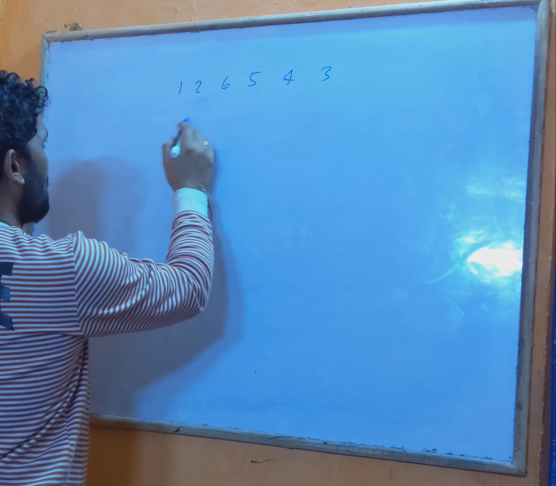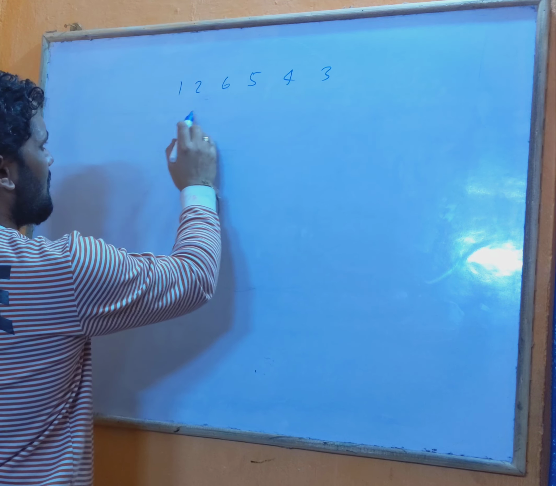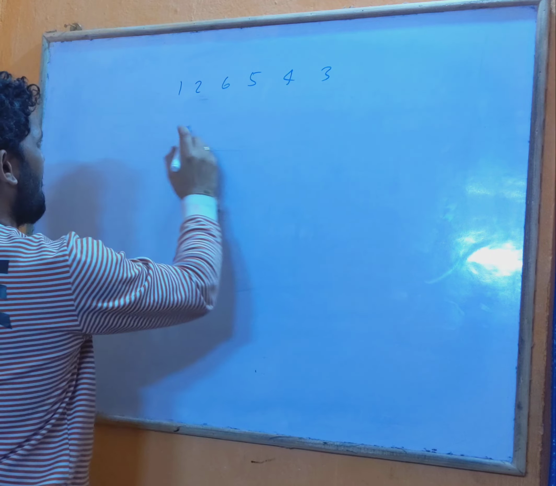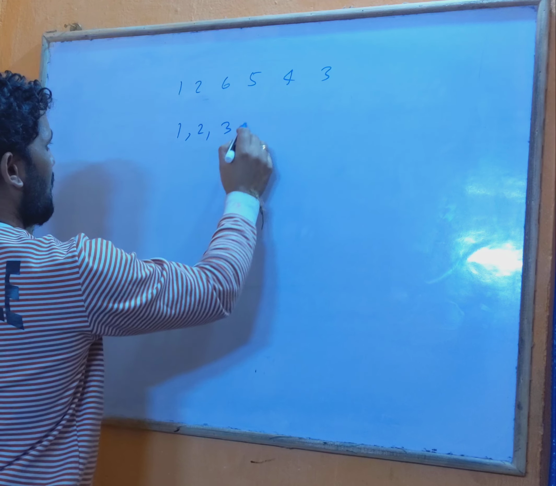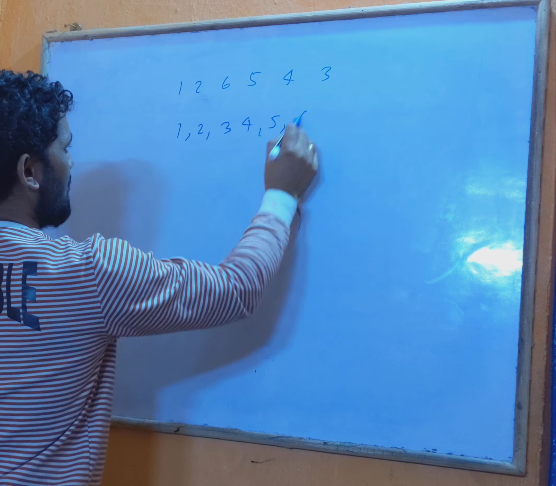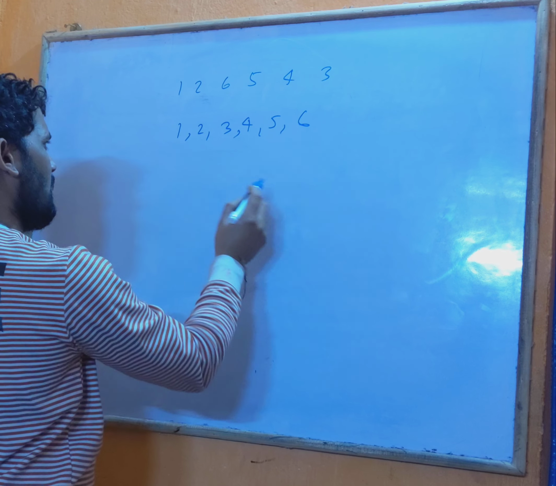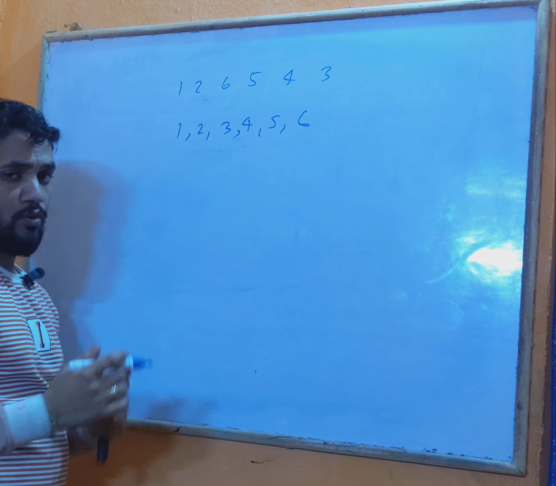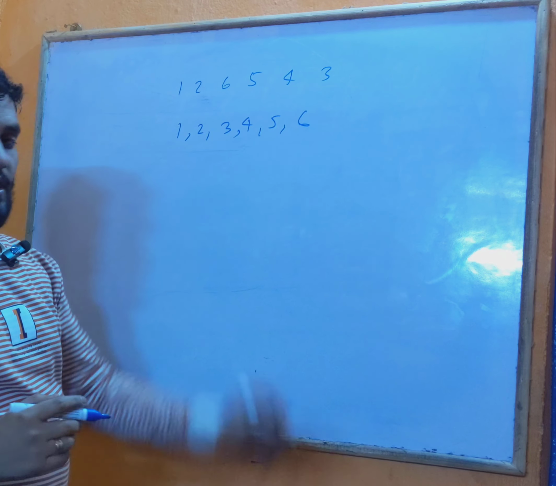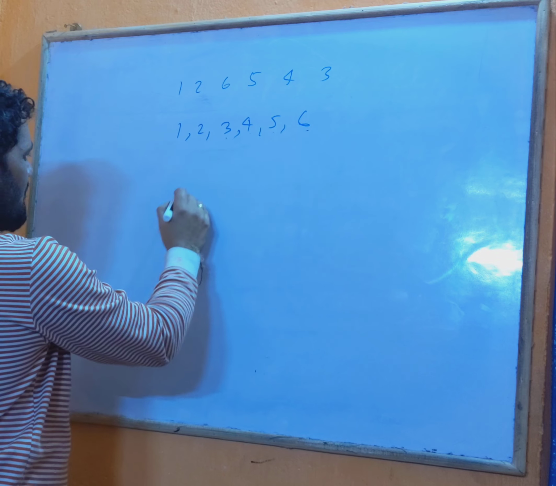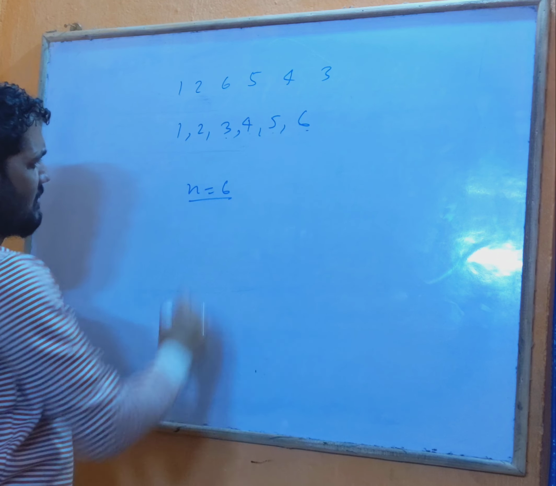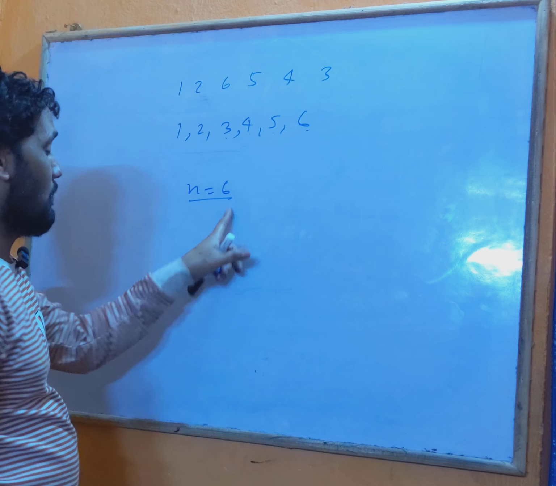So arrange it in ascending order: 1, 2, 3, 4, 5, 6. Then count all the observations: n is equal to 6. This is an even number.